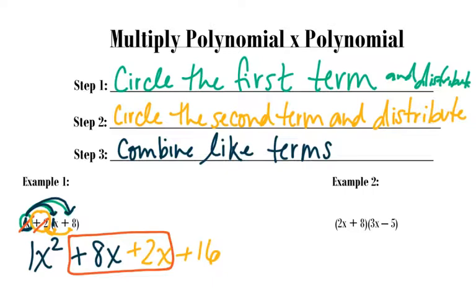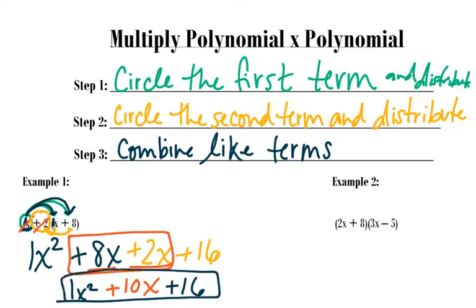So my final answer is 1x squared. 8x's plus 2x's is 10x's. Don't change the exponent when you add. 8 plus 2 is 10. The letter was x. Then the back number gets to come down. It was just a plus 16. So this here is your final answer.